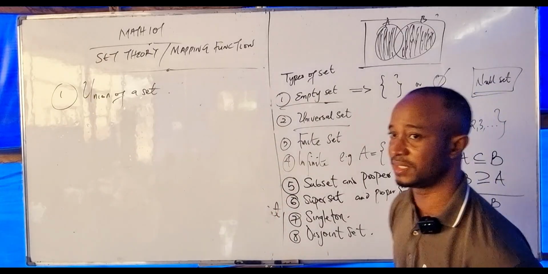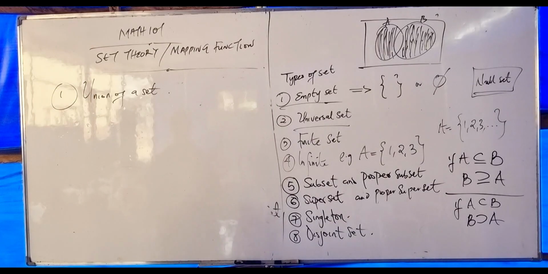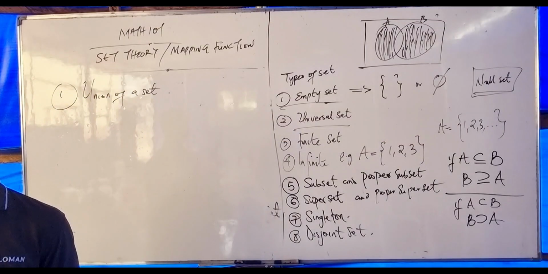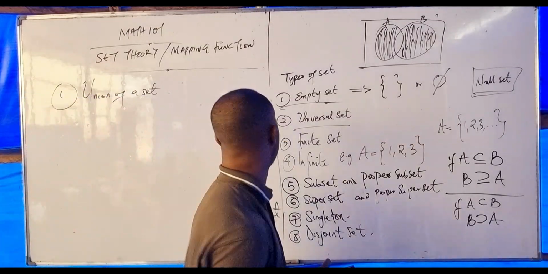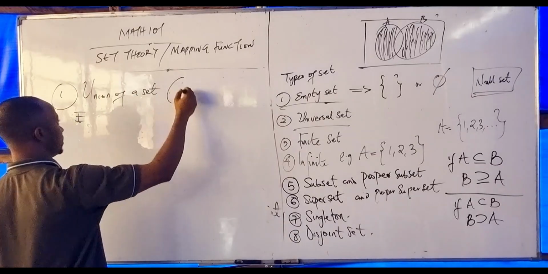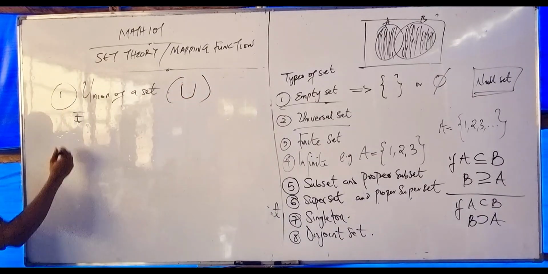Union of a set is the combination of two or more sets without repeating an element. For example, the symbol for union is U, just this form of U.